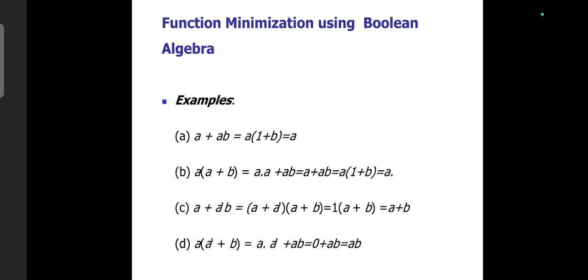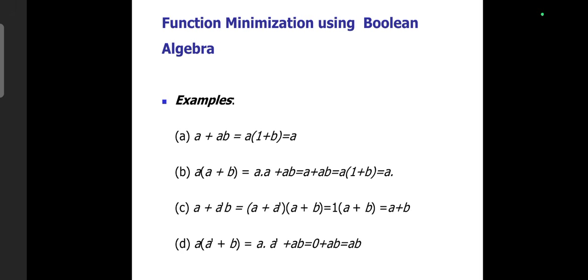Now see example C: a plus a bar b equals a plus b. Let us now apply the Boolean identities we have learned earlier to simplify more complex expressions. Consider a plus a bar b. At first glance it may appear difficult because both a and its complement a prime are present in the same expression. However, Boolean algebra provides a systematic approach. We can rewrite the expression as a plus a bar into a plus b.